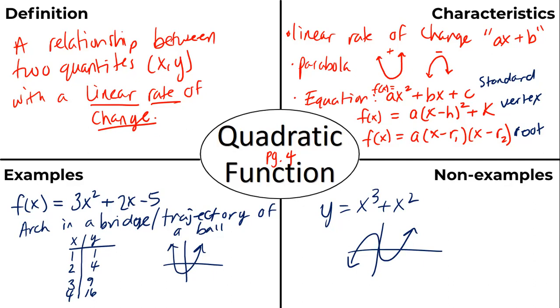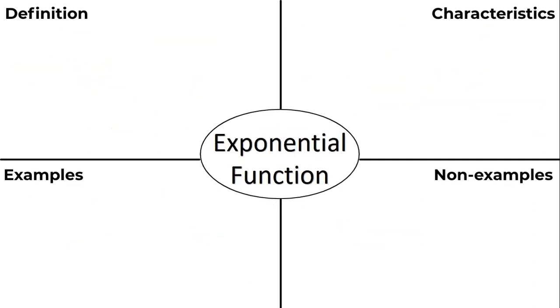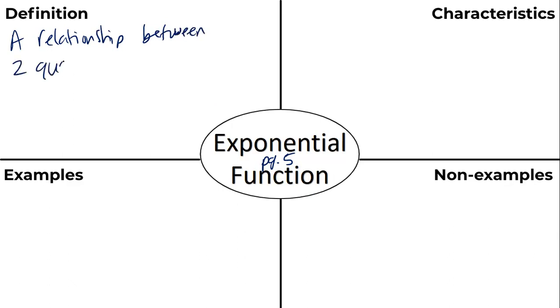All right, last but not least, the one we know nothing about is our exponential. And this is going to be on page 5. Okay, for exponential, it's a relationship between 2 quantities.